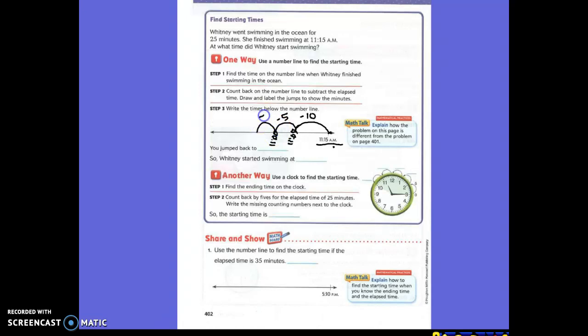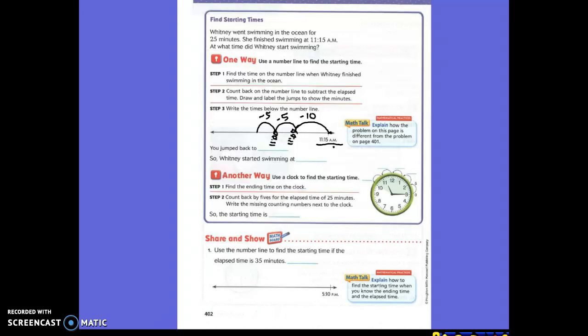Now, like I said, 11 o'clock also means 60 minutes. When you're at an o'clock, it also means 60 minutes have gone by. So when you go minus 5 more, you are doing 5 less than 60. What's 5 less than 60? 55.